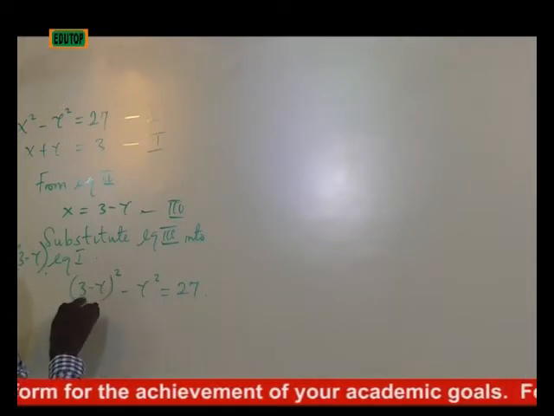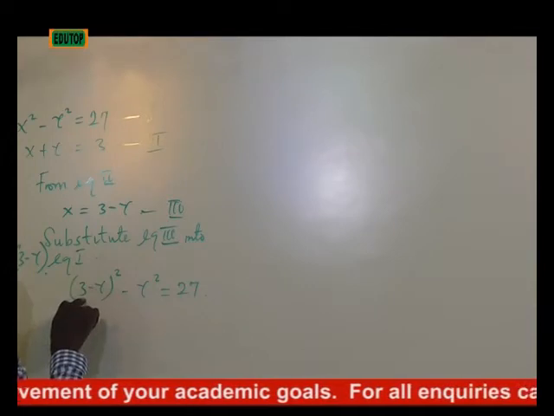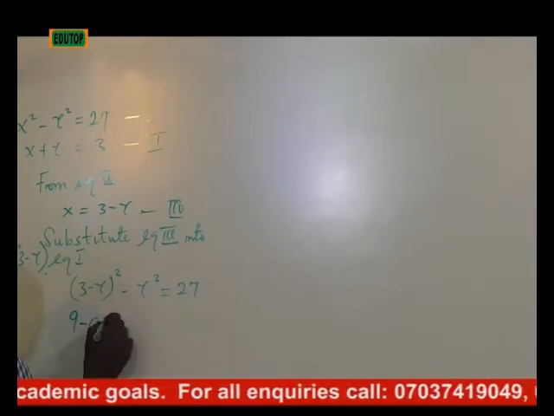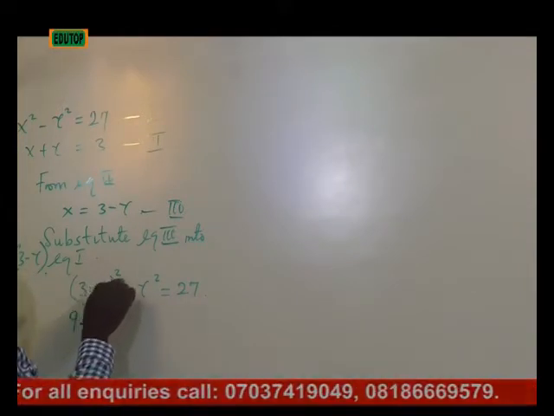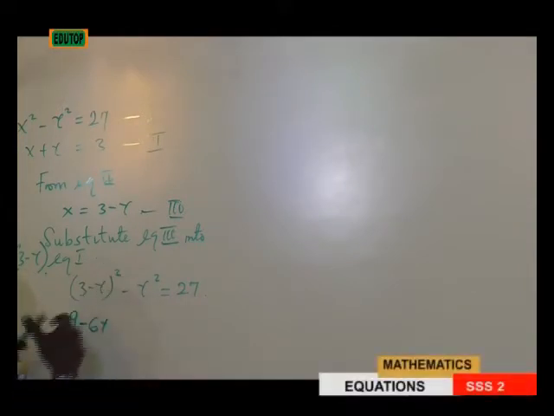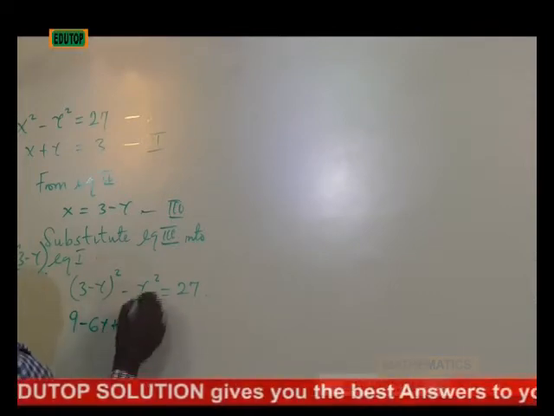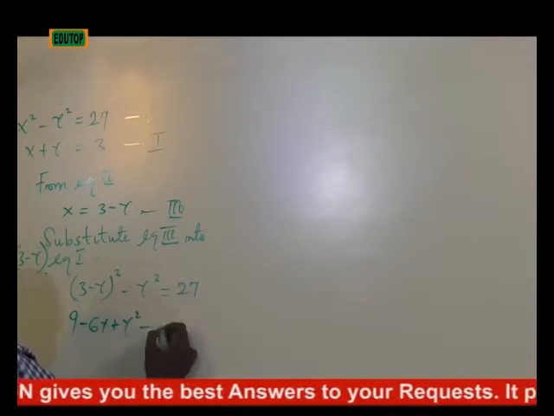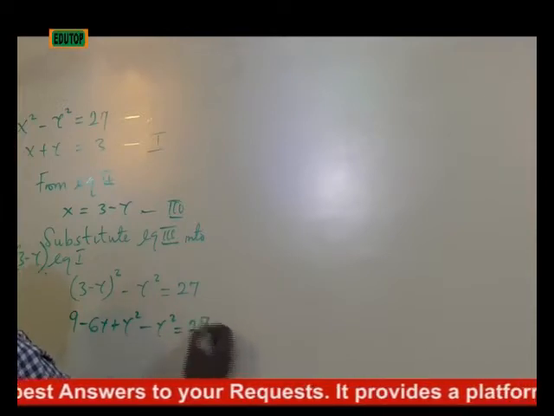Use this 2 to multiply this 3, 2 times 3, that is 6. 6 times minus y, then we have minus 6y. Then place this one on minus y, it becomes minus y times minus y, and that is plus y squared. You have the minus here, which is minus y squared equal to 27.